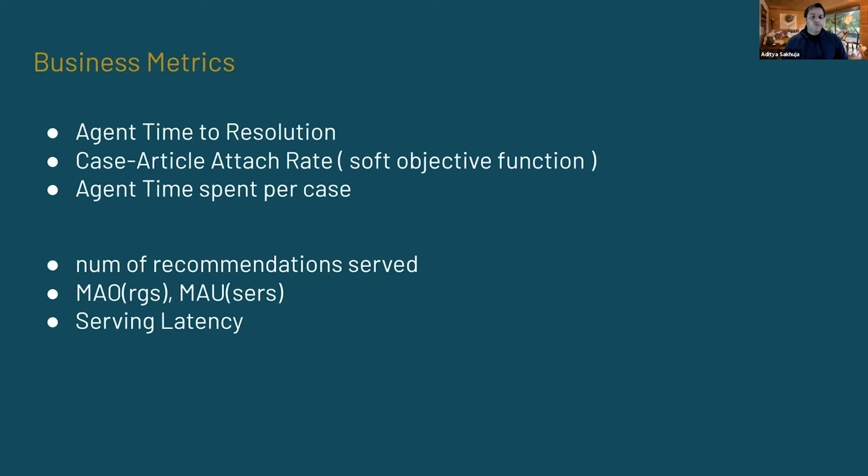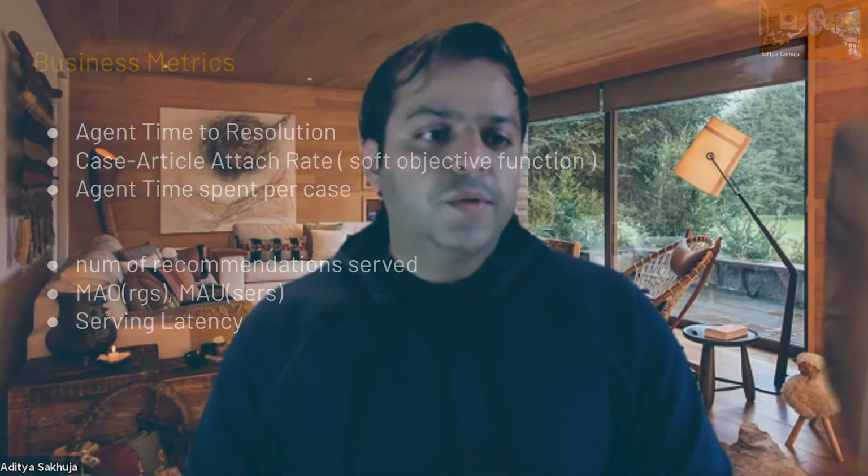Then we also have a soft objective function, which is transferable into our system, which is the case to article attach rate. An article is a representation of an answer, and the attach rate is a good representation of how close the article is to representing the problem, or solving or helping solve the problem the customer has.